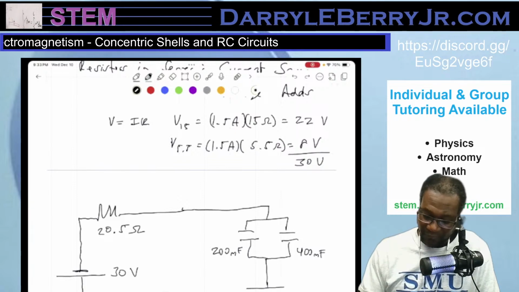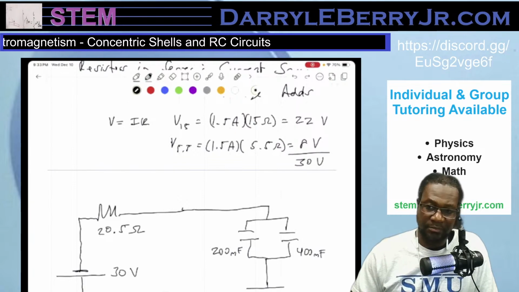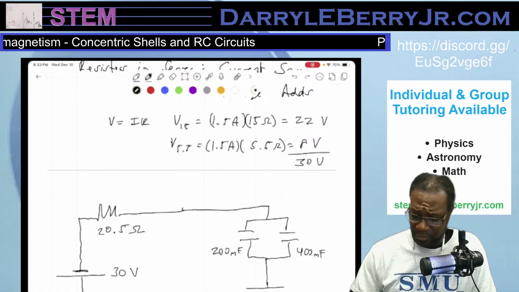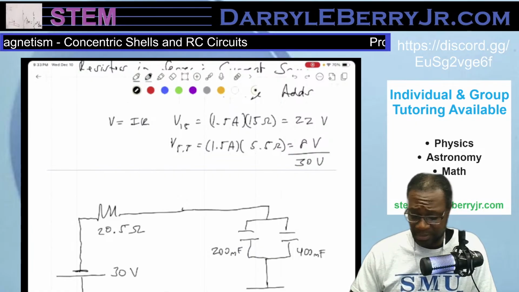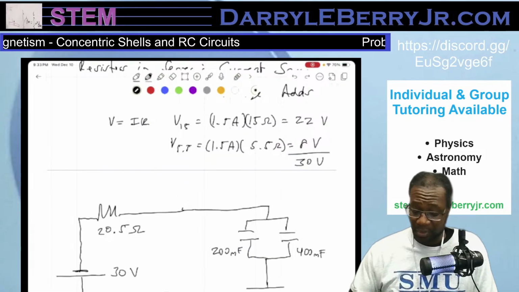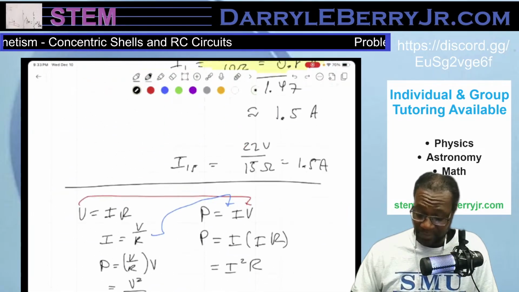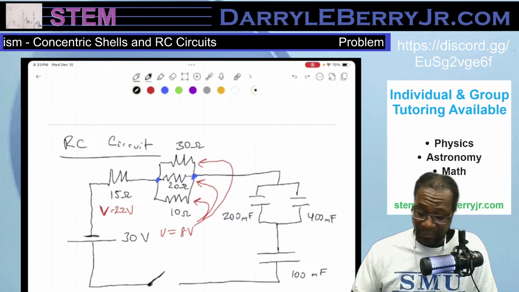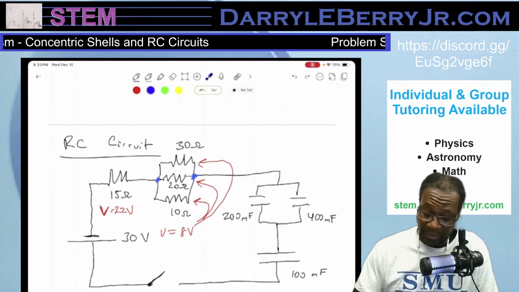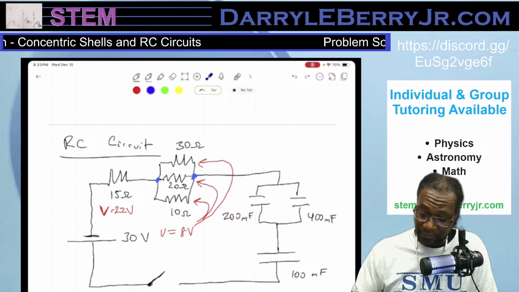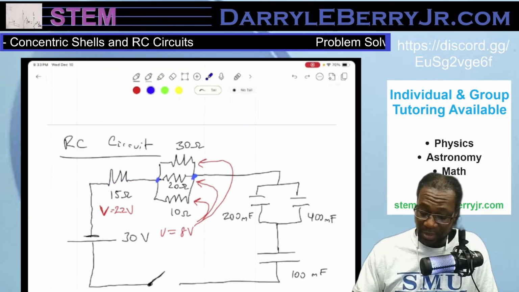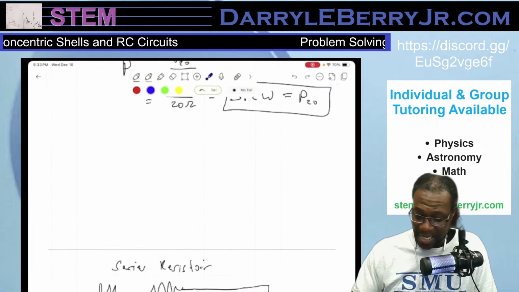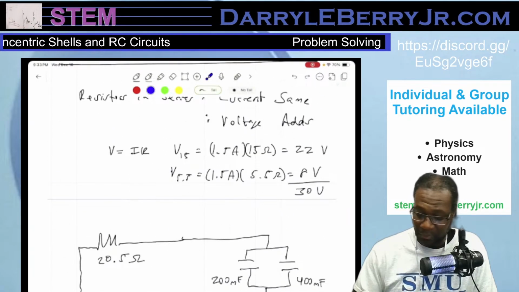So if I needed 20.5 ohms of resistance, I pretty much guarantee you're not going to find a 20.5 ohm resistor in any store or factory. Odd number to make a resistor. But if I know I need a 20.5 ohm resistor for my device, all I have to do is buy a 15 ohm resistor and then put it in series with a parallel group of resistors of 30, 20, and 10. And then I have the exact amount of resistance I need of 20.5.